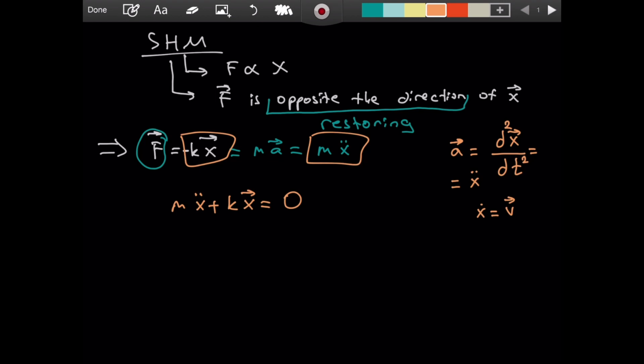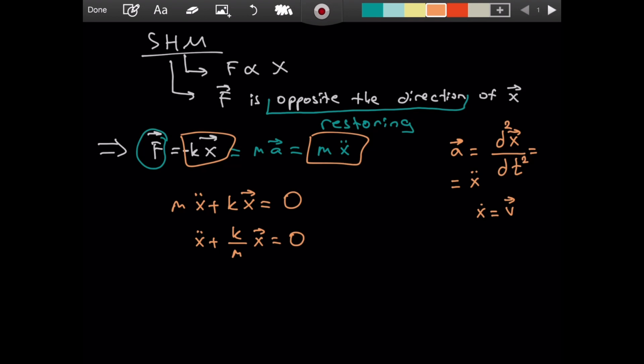Now, this is okay, you could leave it like this, but there is a more convenient, more conventional way of writing the simple harmonic motion function. And that form is achieved when we divide both sides by mass, by m. So when we do that, we have x double dot plus k over m times the displacement equals 0 divided by m, that's just 0.